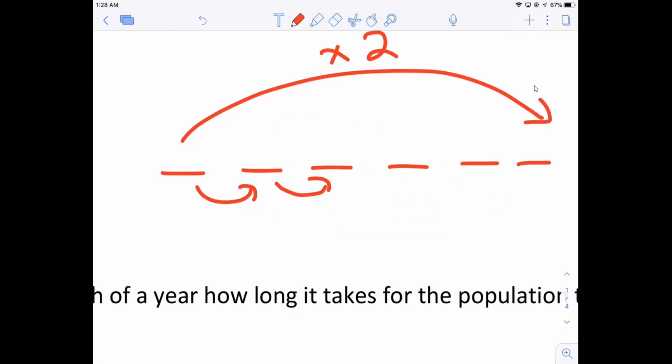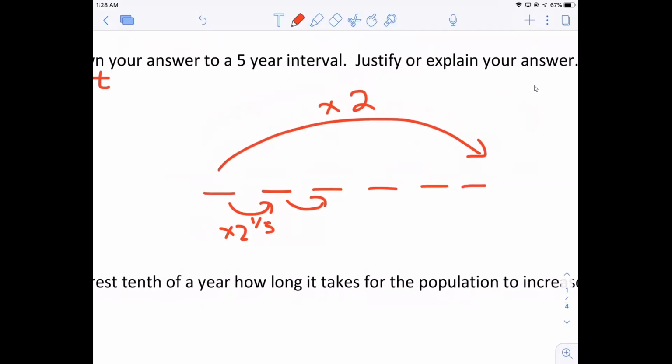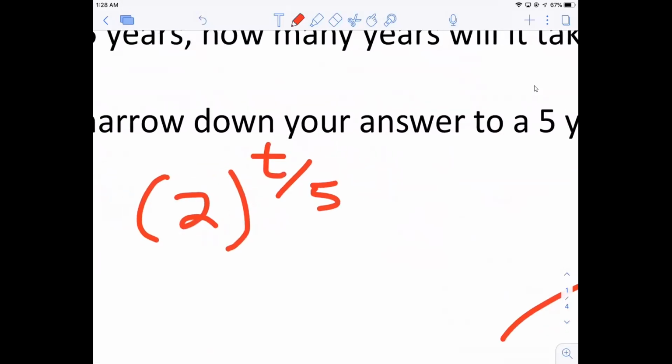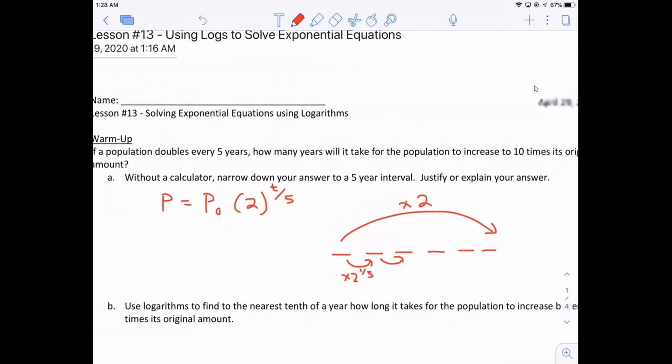So we're multiplying by 2 to the 1/5 power each year. So that is our true growth factor, 2 to the 1/5 power, which is also why we can just write this as 2 to the t over 5 power. Because we could write this as 2 to the 1/5, all raised to the t power, which is t over 5.